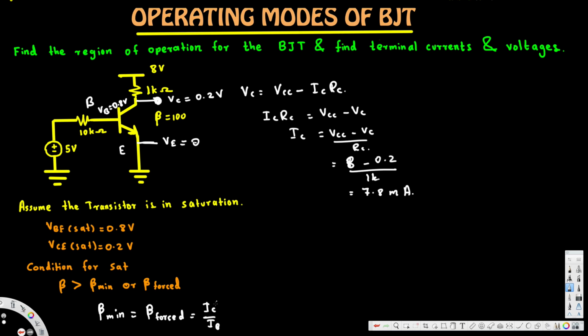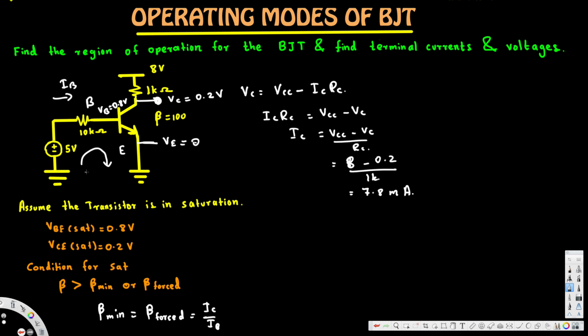Now we have IC, and we also need IB. Here we have this loop. We can apply KVL here in order to find IB. This is IB.